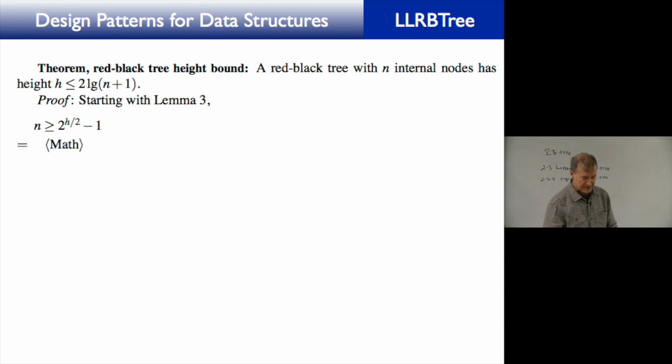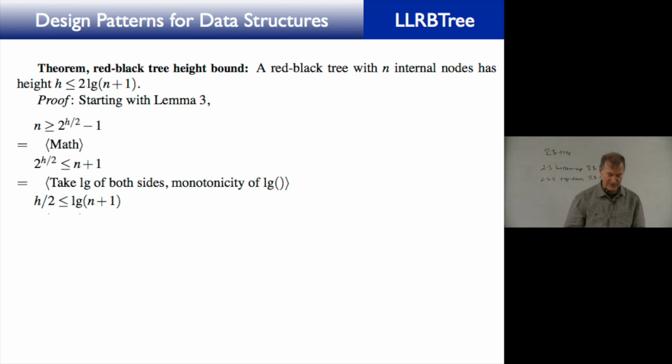Take one to the other side, then take log base 2 of both sides. By monotonicity of the log, h over 2 is less than or equal to log of n plus 1. Multiply both sides by 2, and h is less than or equal to 2 log of n plus 1.